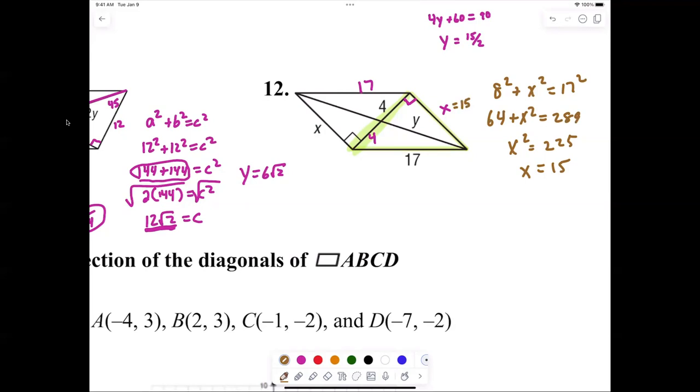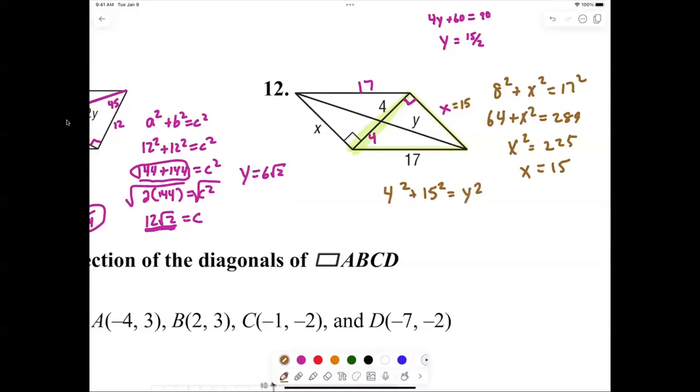Anybody have a problem with that? That was really good. Anybody have an issue with x being 15? Now we have to find y, and we're going to do it the same way, correct? Except this time it's what? 4 squared plus 15 squared equals y squared.